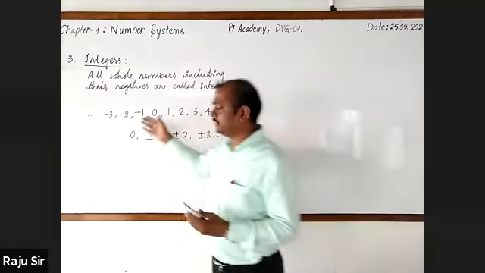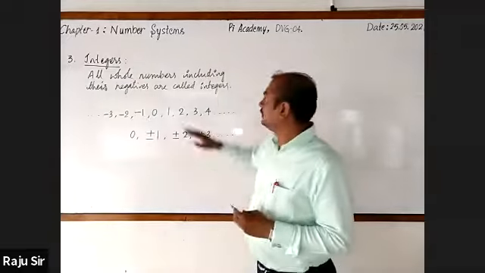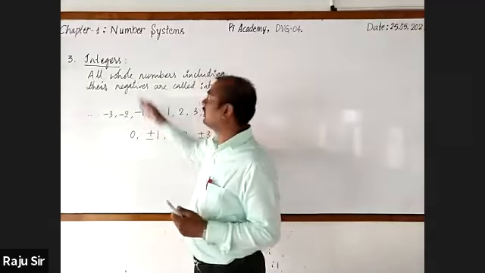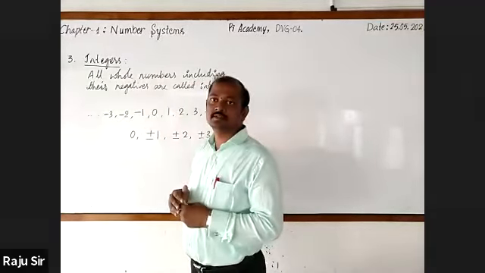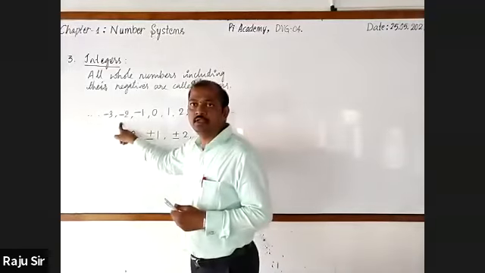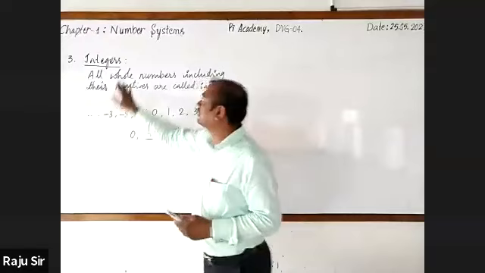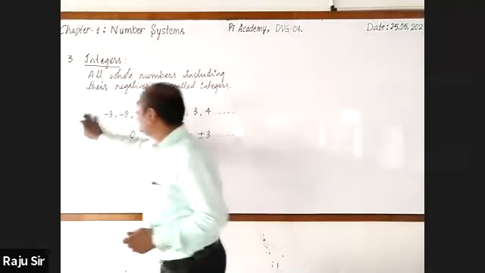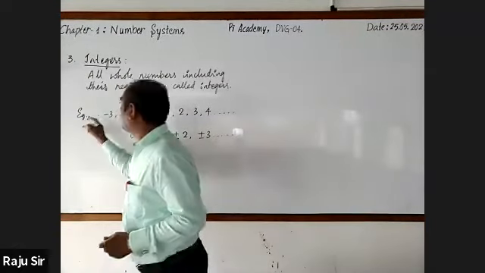You can also define this as: the natural numbers, including their negatives, along with 0, are called integers. And these are examples for integers.